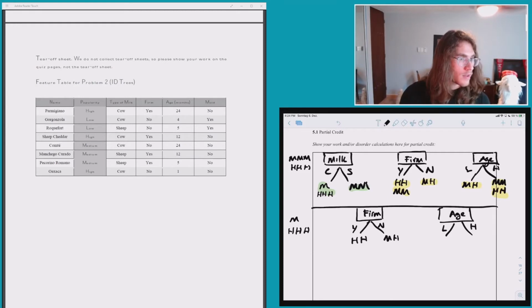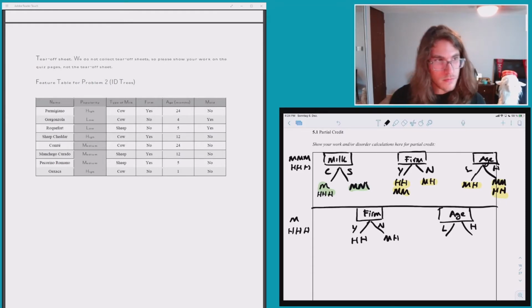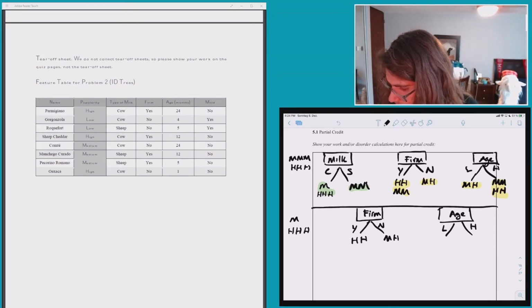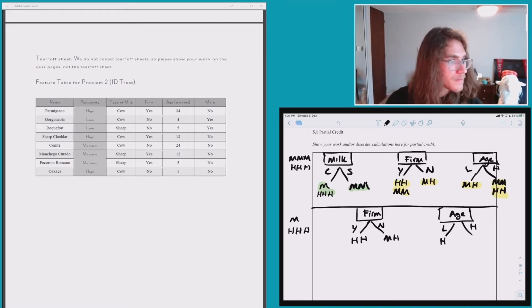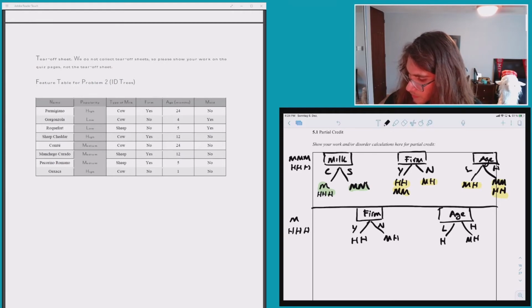There's only one that is cow milk that has a low age. So there's one high. And of those that are old, that are cow milk specifically, there's medium, or there's everything else essentially.